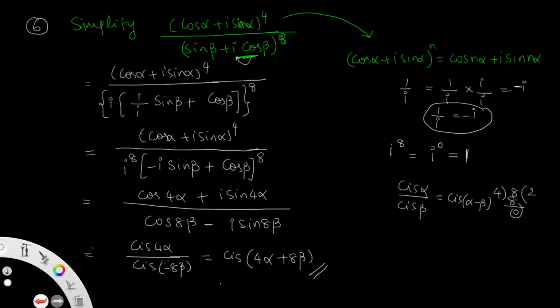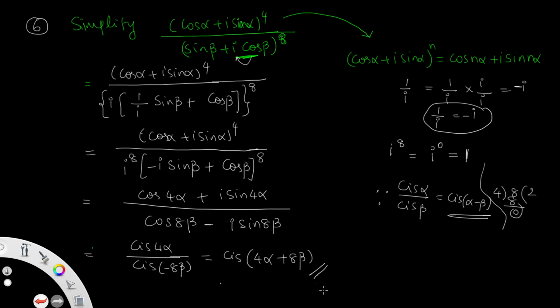In short form, cis 4 alpha by cis of minus 8 beta. That is cis alpha by cis beta, nothing but cis of alpha minus beta. So we can write cis of 4 alpha plus 8 beta.